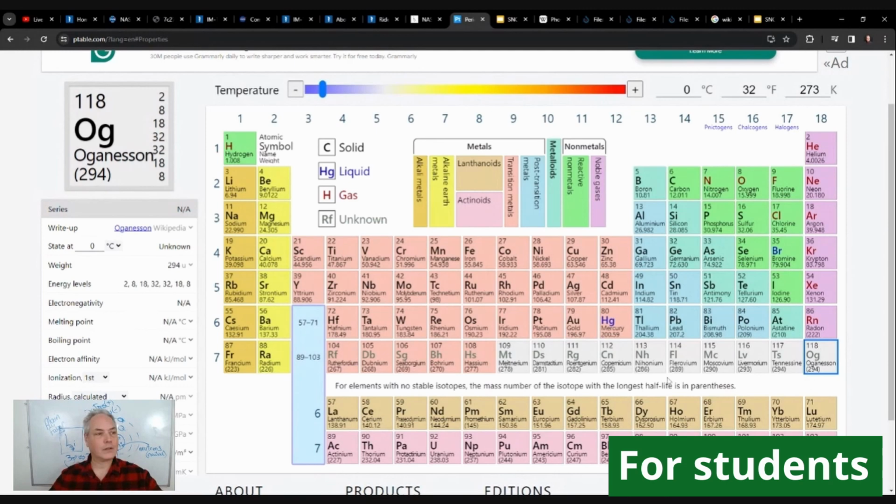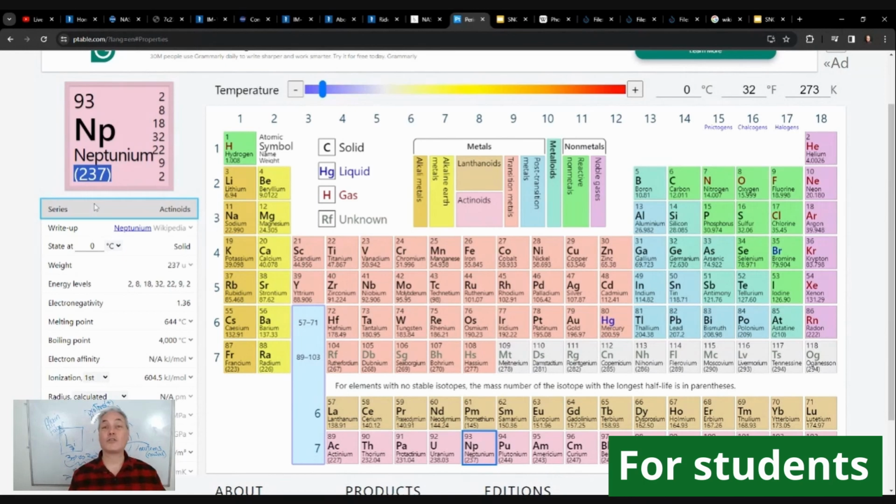Now, keep in mind that if you look at the mass, we have an atomic mass here of 294 between brackets. If you have bohrium, atomic mass between brackets. If you go into neptunium, we have an atomic mass of 237 between brackets. And the reason for that is that these are synthetic atoms.